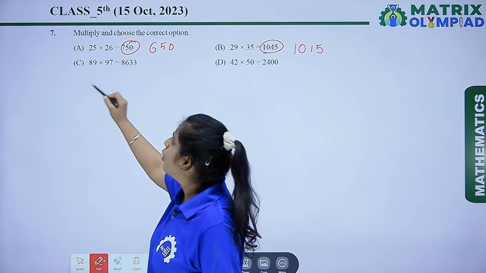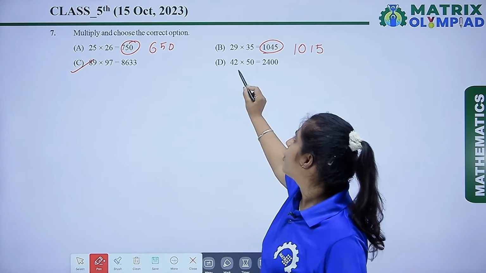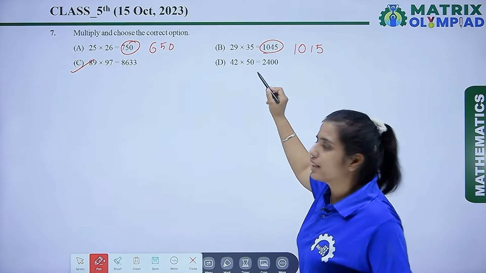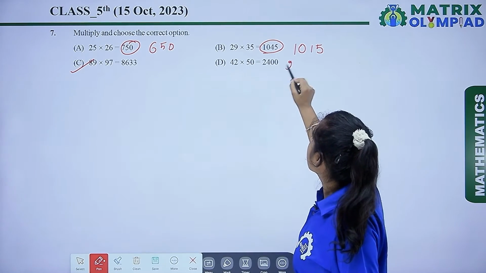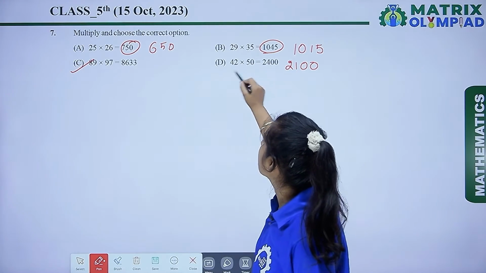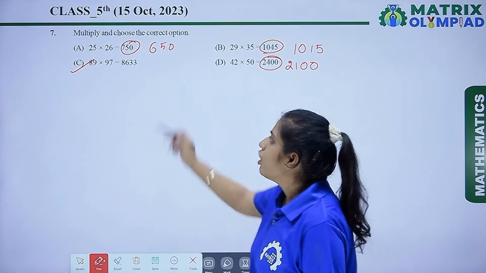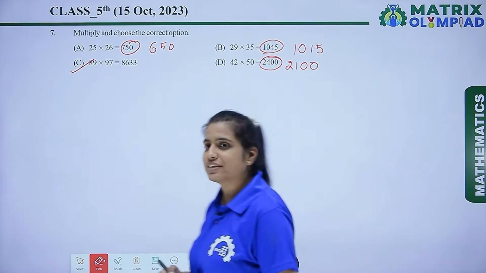So according to the option, we can say that option C is the correct answer. क्योंकि 42 multiplied by 50 जब हम करेंगे तो we will get the correct answer, that is 2100. तो multiply करने के बाद यहाँ पर भी हमें एक incorrect answer मिलता है. So in this question, option C is the correct answer.